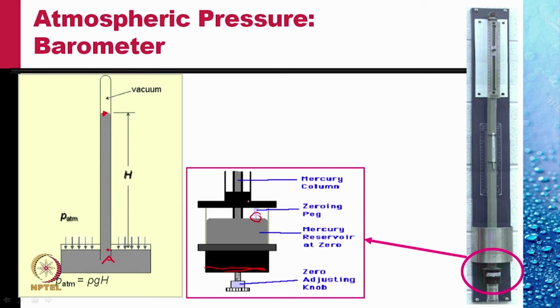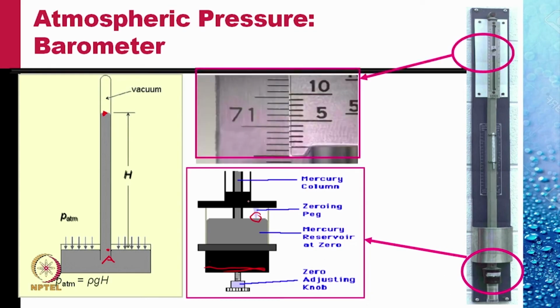So the length of the column standing above the cup level, when measured against this provided scale, gives you the height h of the mercury column. The top end carries a vernier, and using the rule of reading verniers, we can read the pressure. In this case, it is this, and this is what is coinciding here.